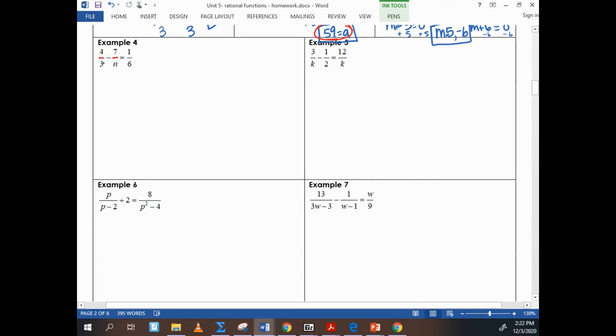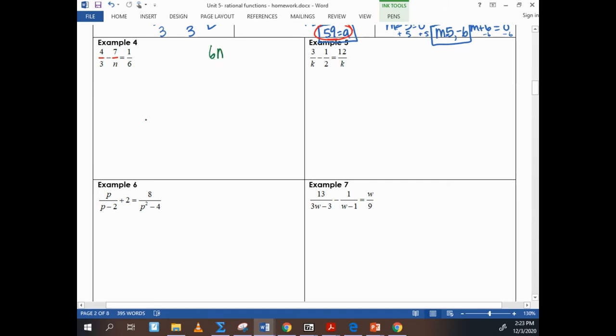So I need a number that I can divide by 3, divide by n, and divide by 6. And when I say number, that's probably misleading because with n, you need a term, you need some variables. If I were to choose 3, that would wipe out this 3, but you can't divide 3 by n or by 6. So I'm going to need at least an n in there, and I'm going to say 6.